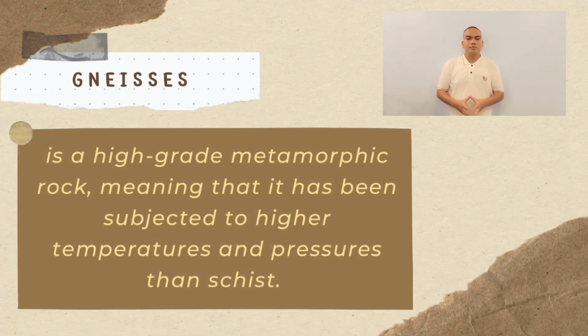Gneiss is a high-grade metamorphic rock, meaning that it has been subjected to higher temperatures and pressures than schist. Gneiss's bands and lenses of different mineral content help to identify it.